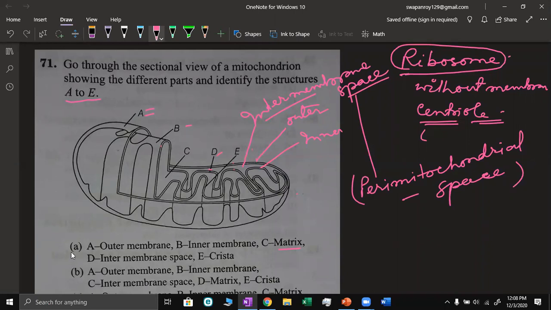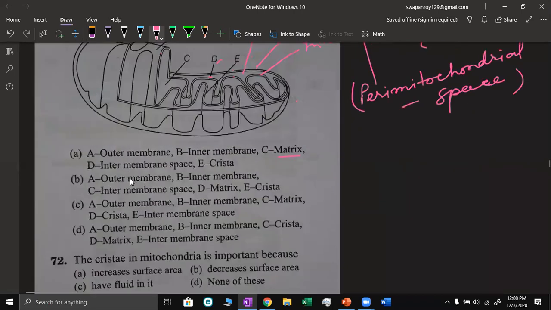So this will be the answer because the others are not totally matching. D cannot be the matrix. Matrix is C. D intermembrane space is a little doubtful.